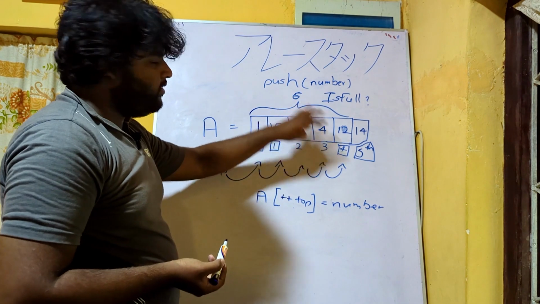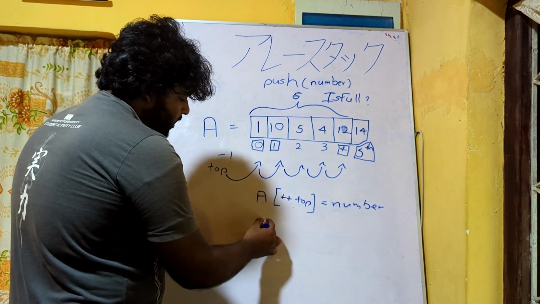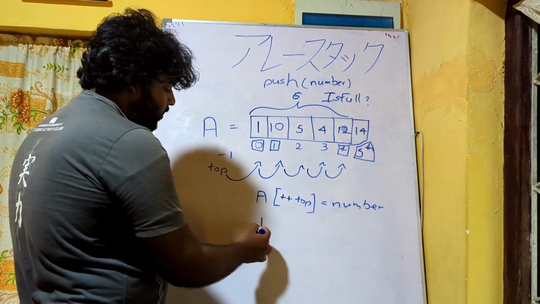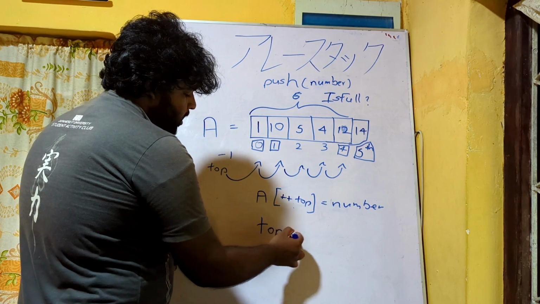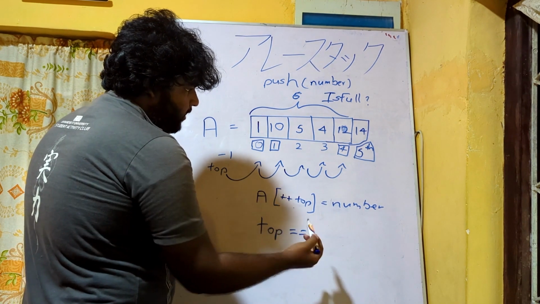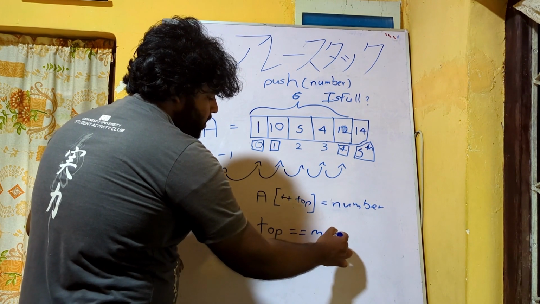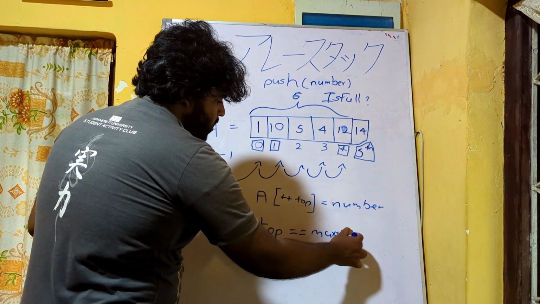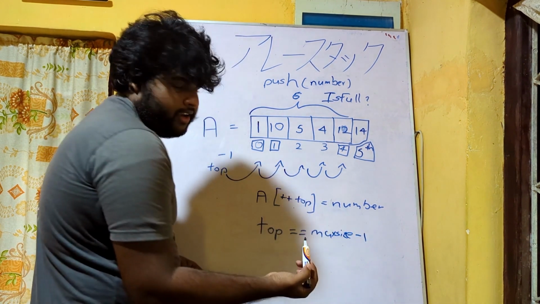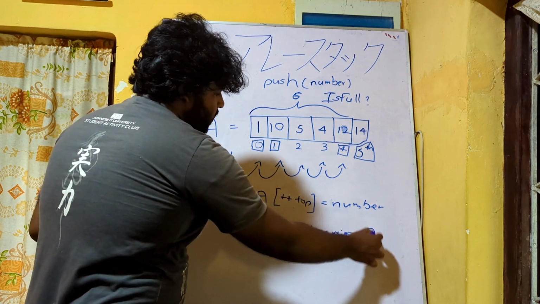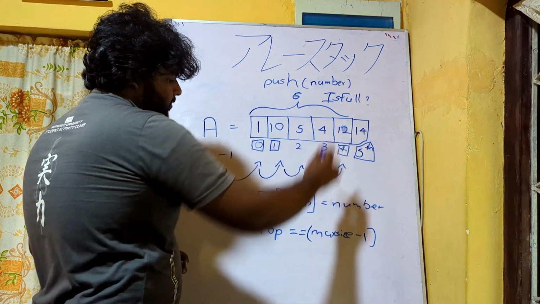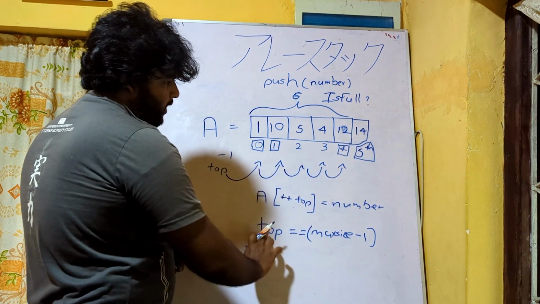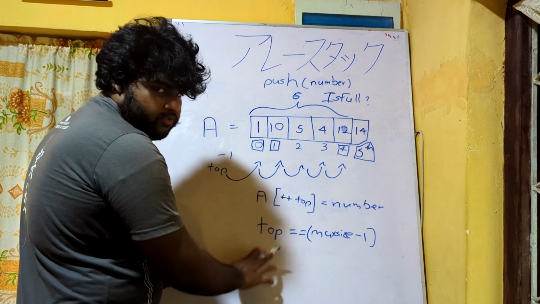So using this logic, we can actually check whether the array is full or not when the top is the same as max size minus 1. So in this case, my max size is 6, and my top is at the 5th index, which means 5.